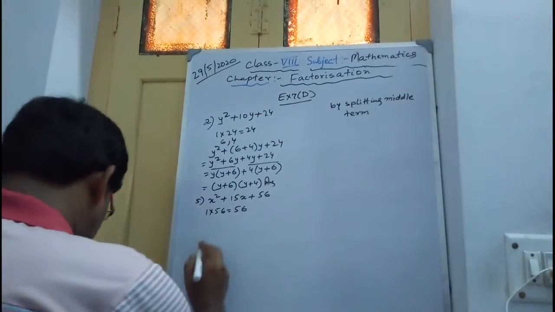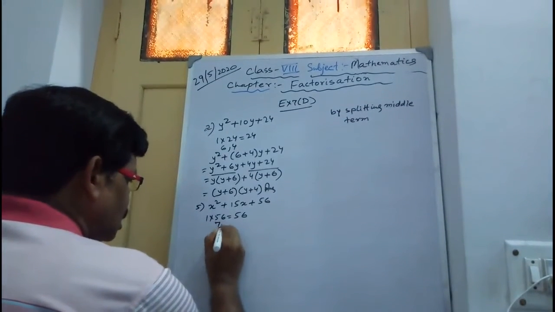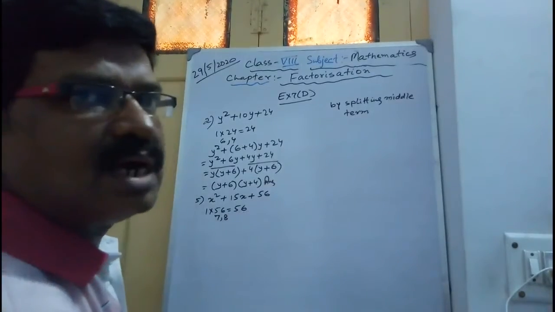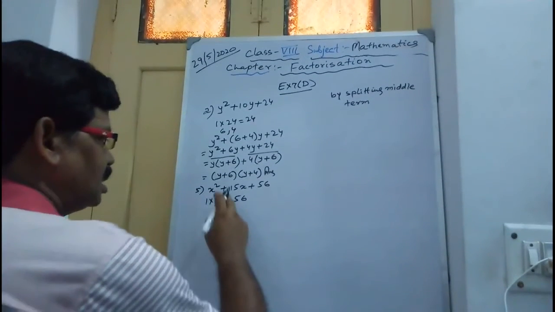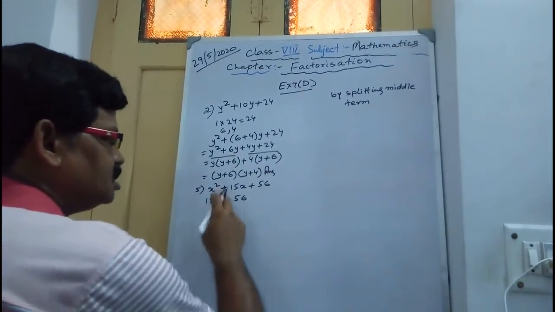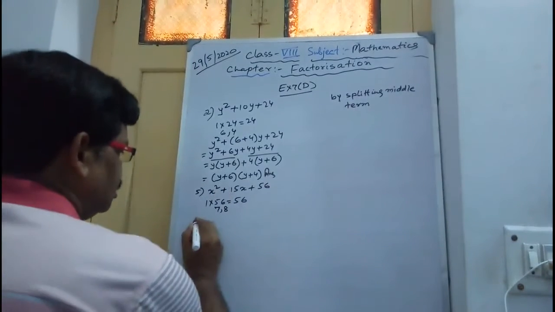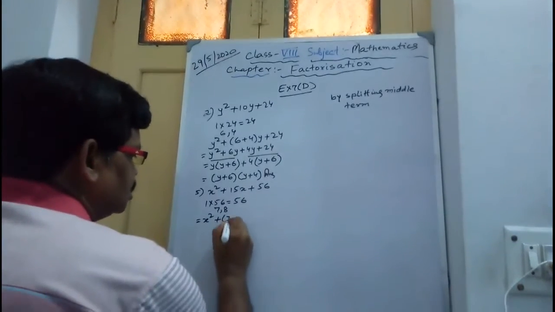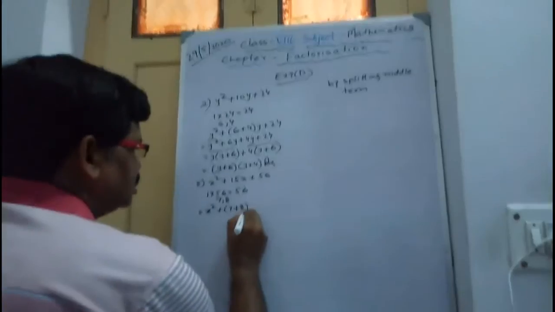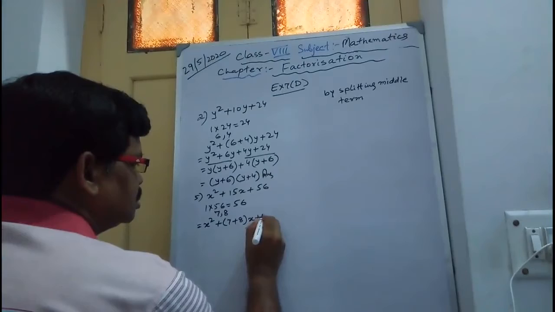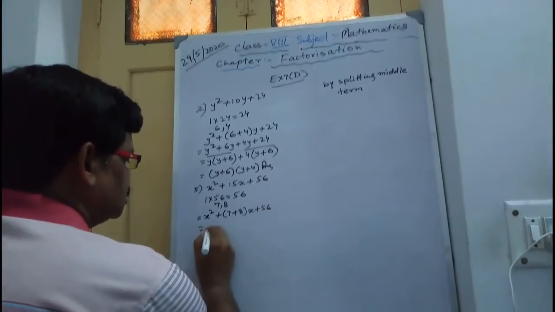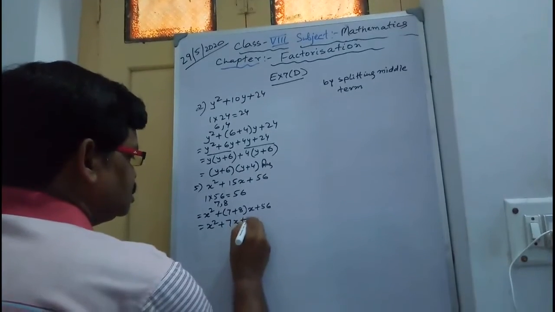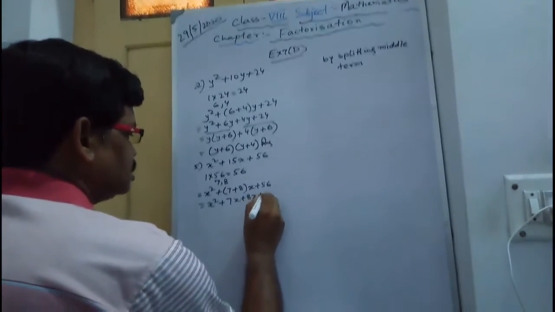So take 7 and 8. 7 times 8 is 56. Now add 7 and 8, which is equal to 15. Now write x square plus 7 plus 8, x plus 56: x square plus 7x plus 8x plus 56.